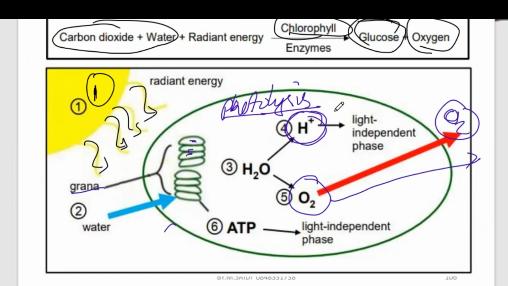Now, this hydrogen ion which is formed will go to the light independent phase, which we call the dark phase.